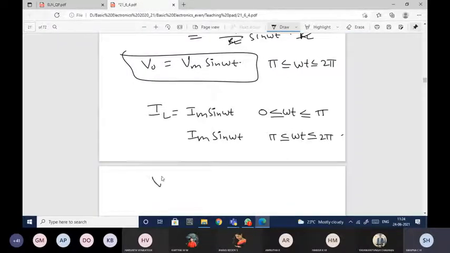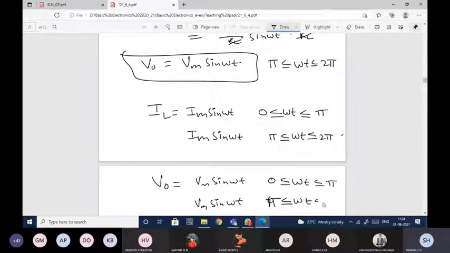Or V0 is equal to Vm sin omega t for 0 less than or equal to omega t less than or equal to pi, and Vm sin omega t for pi less than or equal to omega t less than or equal to 2 pi.